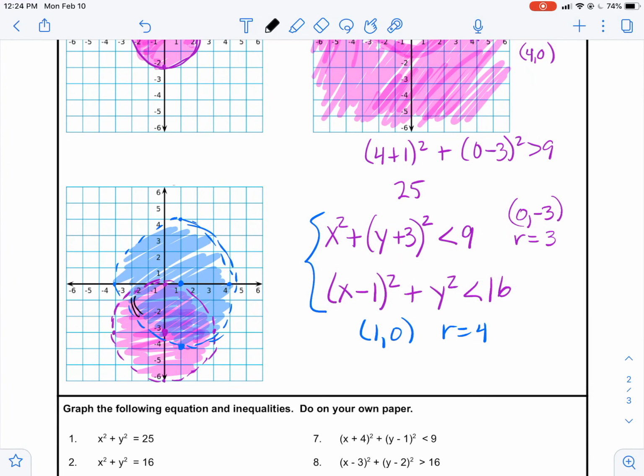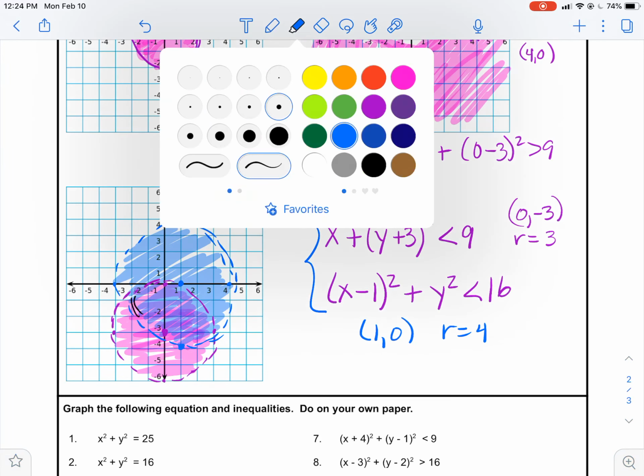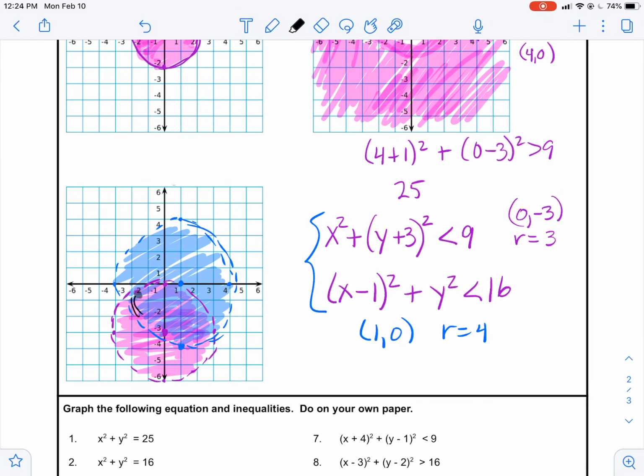So technically my final answer is right here inside this, kind of looks like an eye inside here. Okay, so that would be my final answer. So you would need to be sure you bold that some way so that we know what you're meaning as your final answer. Okay, so that's how you do systems.